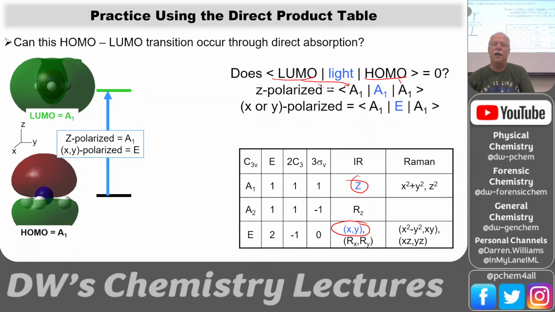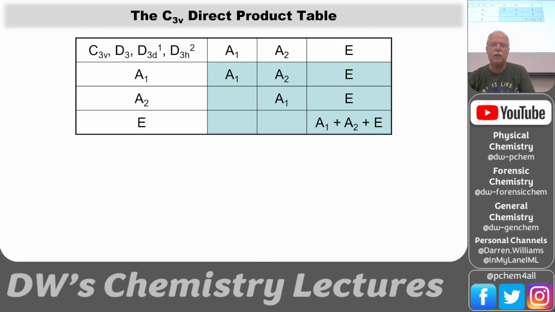We have Z polarized light here as A1, and X or Y polarized light as E. So here's the direct product table for a C3V molecule, or other point groups like ethane, D3D or D3H, whether it's eclipsed or staggered.